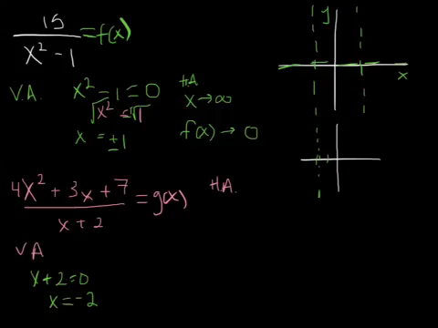All right, now on to the horizontal asymptote. And so here we want to know what is going to happen as x approaches infinity. It might be kind of tough for us to look at the numerator and denominator right now because there's a lot of x's all over the place, and we've got kind of a lot going on here.